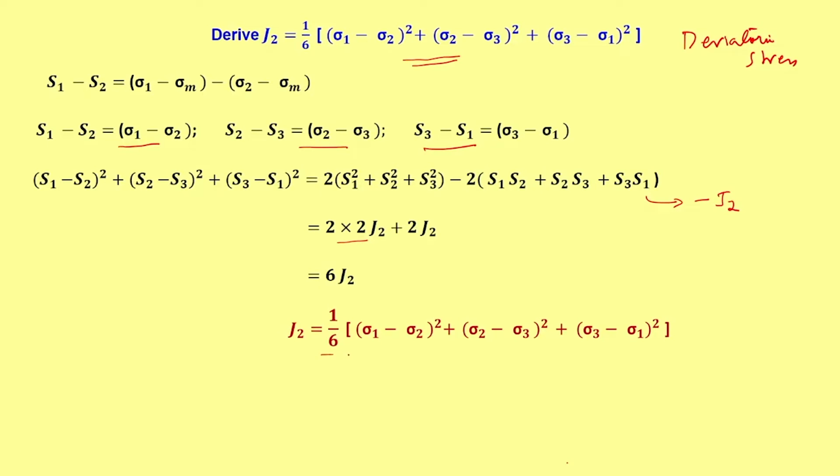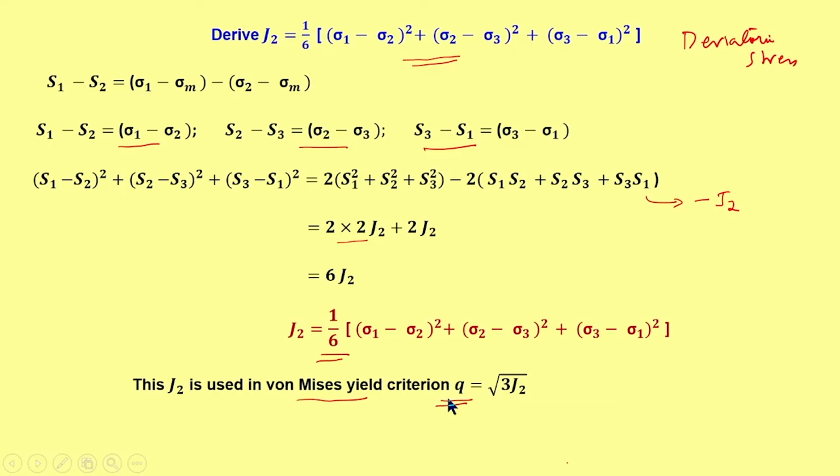Now, this equation has been used by various failure criteria or yield criteria for defining deviatoric stress, and one we have already discussed, that in the von Mises yield criterion, the deviatoric stress q is equal to root of 3 J2. So, that is what we have already evolved in the previous lecture.